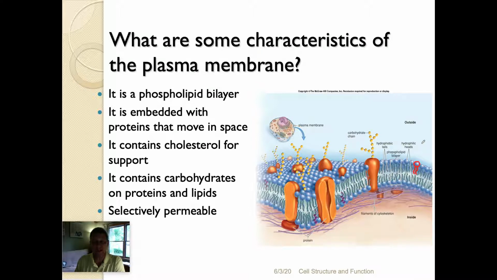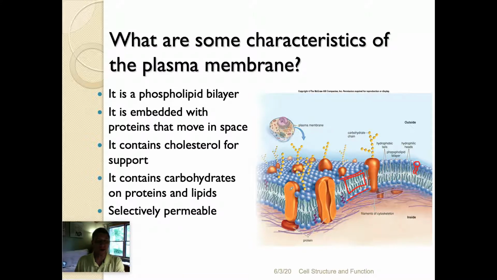One of the fatty acids has been removed and replaced with a phosphate, which gives the head a hydrophilic, or water-loving, ability and makes the tails, the fatty acids, hydrophobic, which means that they hate water. And so you end up with this bilayer where the area in here is all made of hydrophobic, or water-fearing, molecules, and the top and the bottom represent hydrophilic layers, which are water-loving.